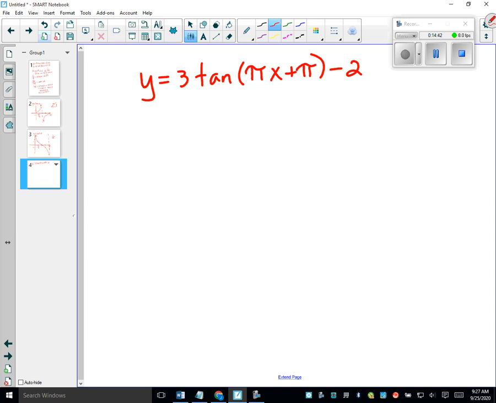Okay. So that means I'm graphing to 1, doesn't it? What is your x scale? 1/4.